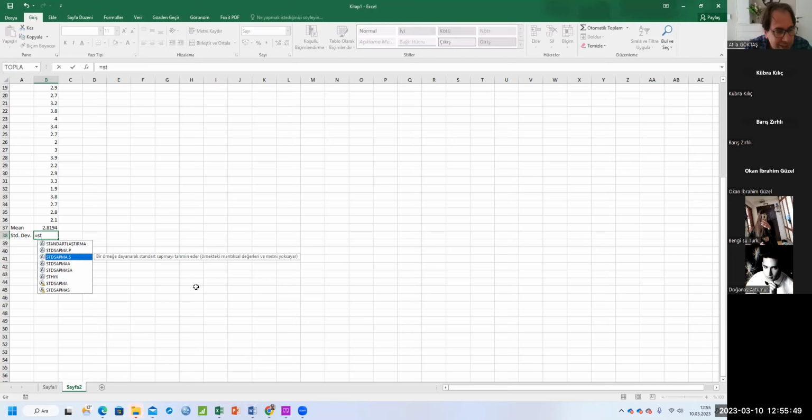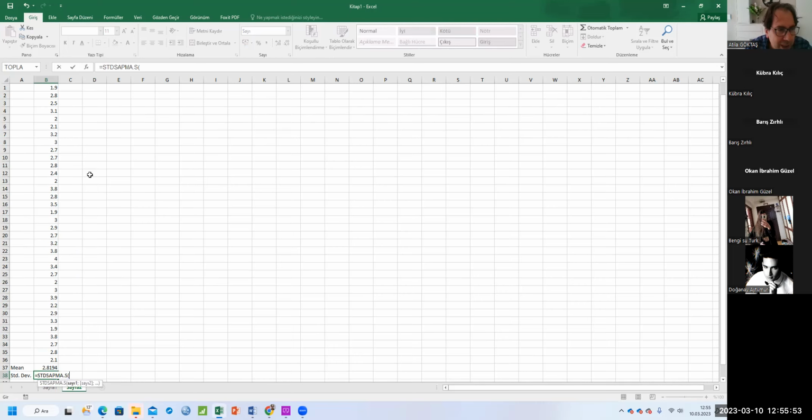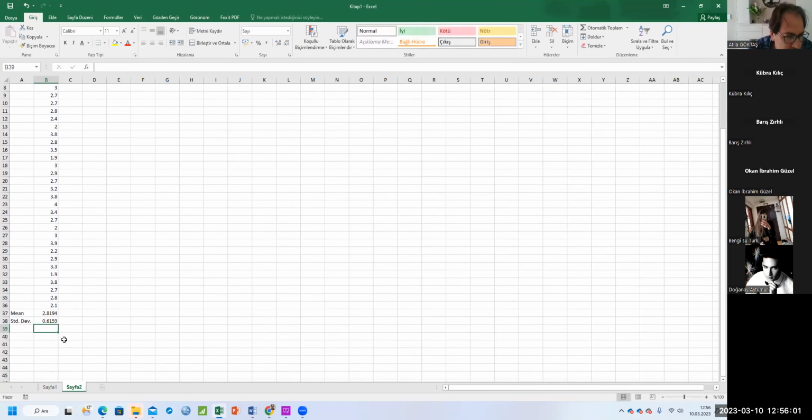We are dealing with a sample, so I have to select this function. Then I select the data set I'm dealing with. I select all of it, and it presents the sample standard deviation, which is 0.6159. Okay, I can easily write everything I need.